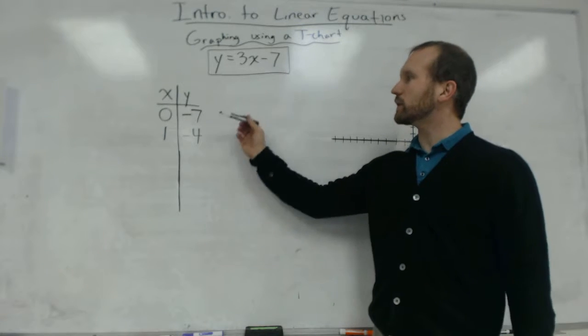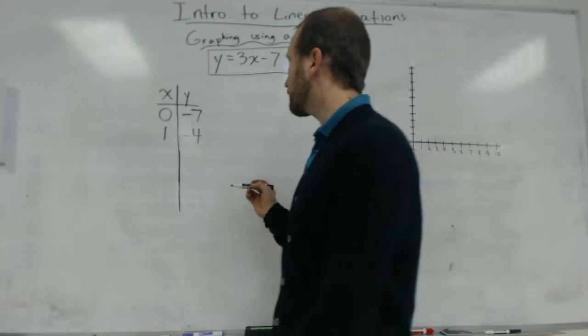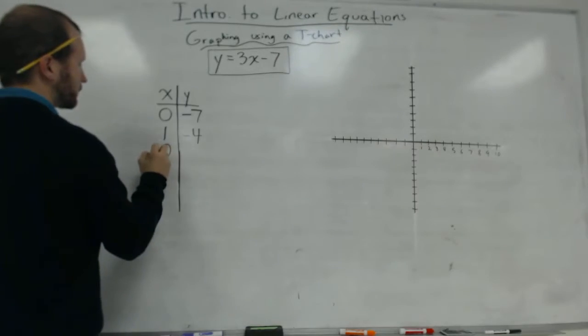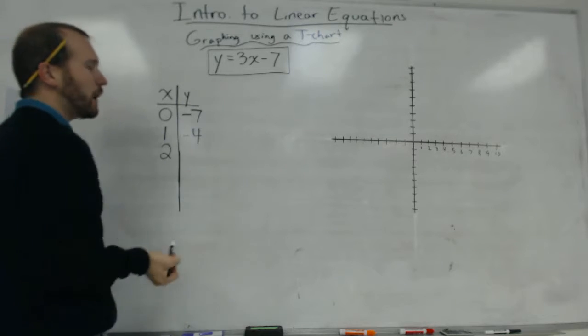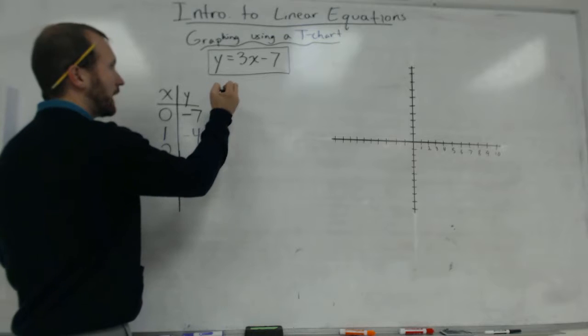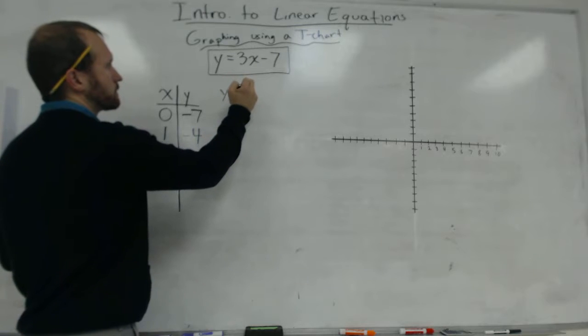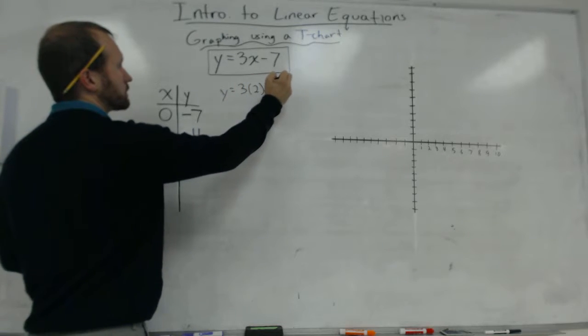So what might I do to get my next point? Yeah, totally. Let's pick 2 for x. If x is 2, what's y? How do I know? Okay, how did you find that? Because 3 times 2 is 6, and then minus 7 is minus 1, and also the pattern.